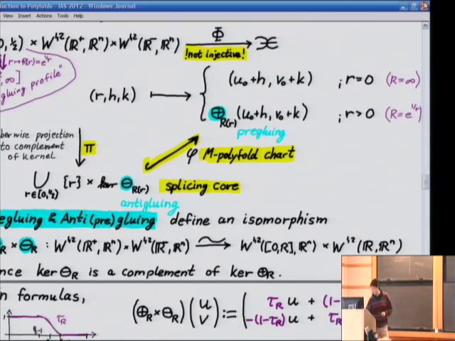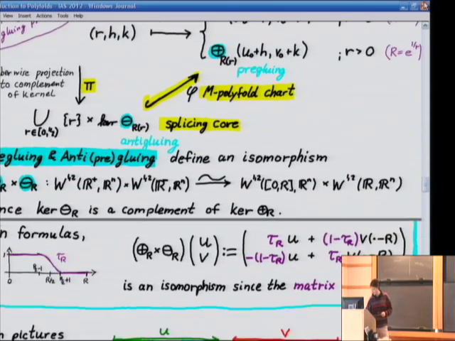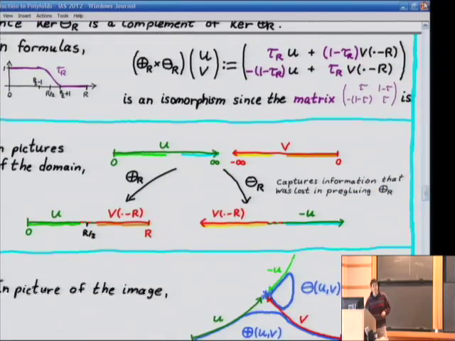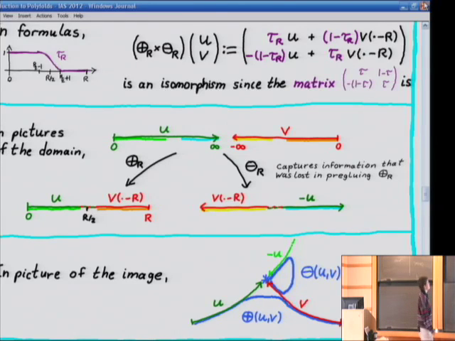So let's see what that is. In purely linear algebra terms, what we need here is a product of maps that is an isomorphism. Then the kernel of this map is going to be a complement of the kernel of that one. The way to do that is to look at either the formulas or the pictures. They're both here.